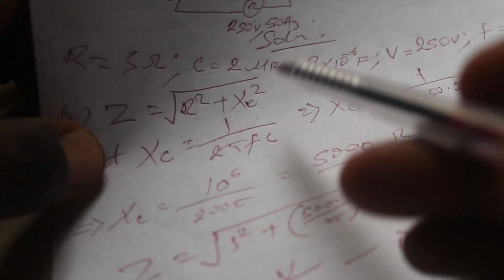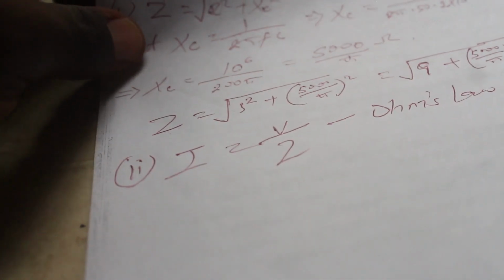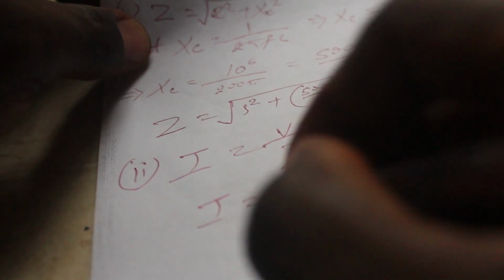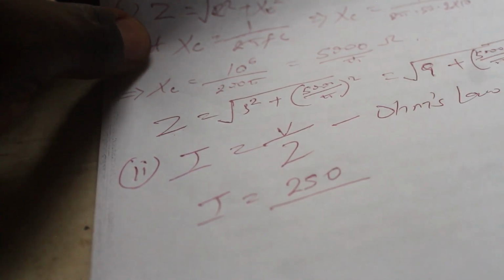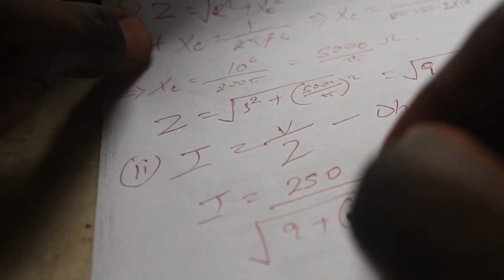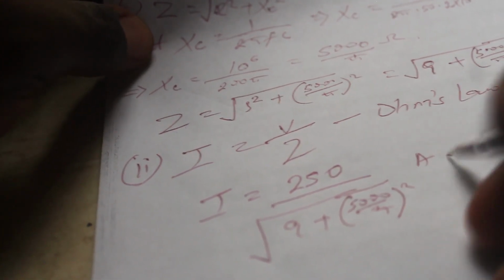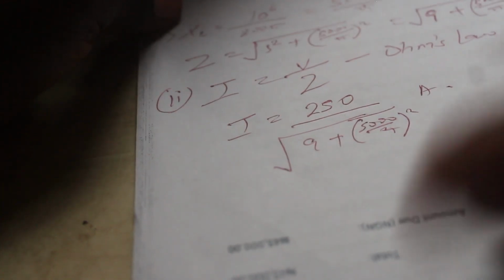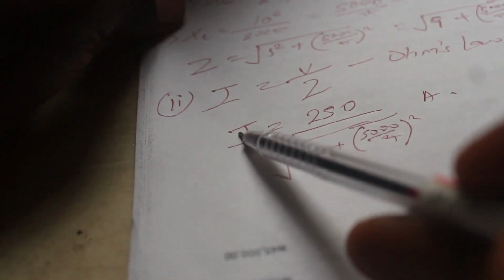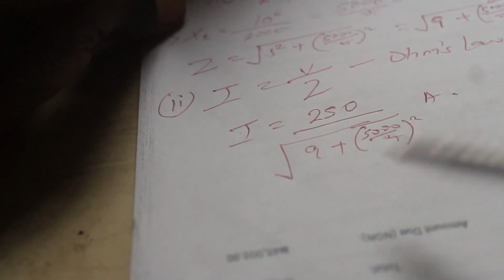V is the potential difference of the source, and that means we have I is equal to 250 divided by Z. What is Z? Z is the whole of this, which is the square root of 9 plus 5,000 all over pi squared, in amperes. Again, if you have your calculator with you, you should be able to find a simpler value for the current. So this is the answer.